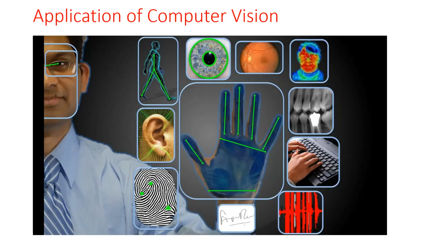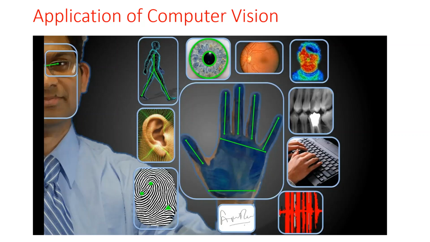So what are the challenges of computer vision? Helping computers to see turns out to be very hard. The goal of computer vision is to extract useful information from images. The next part is the applications of computer vision.